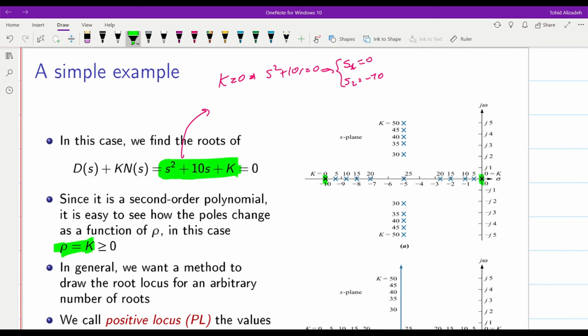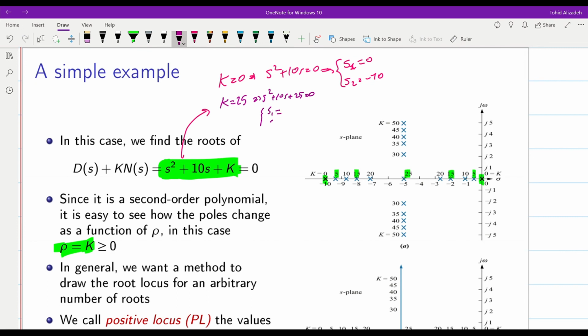Then if we increase the value of k to 5, 15, 25, let's say. Let me write down what we get for k equal to 25. When k is equal to 25, we will have s squared plus 10s plus 25 equal to 0.